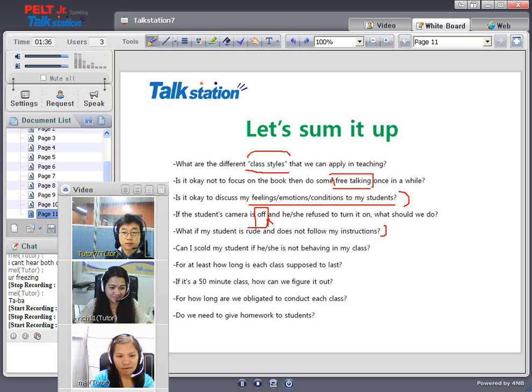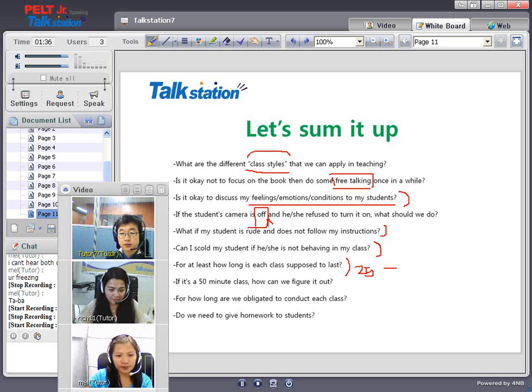They have to notify the situation to Korean advisors or managers so they can talk with the student's parents, right? Yes, sir. And sometimes we can scold the student, but it should be contained and conducted in a really professional manner.